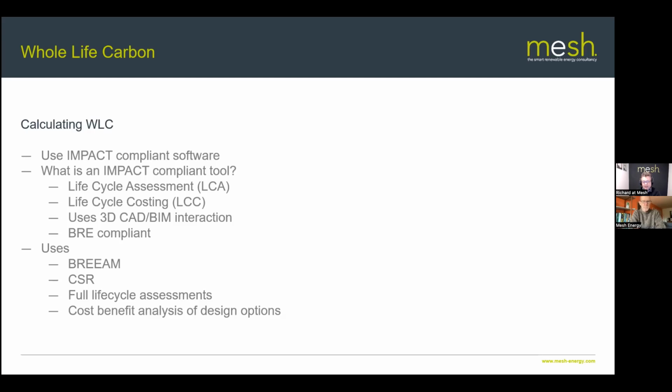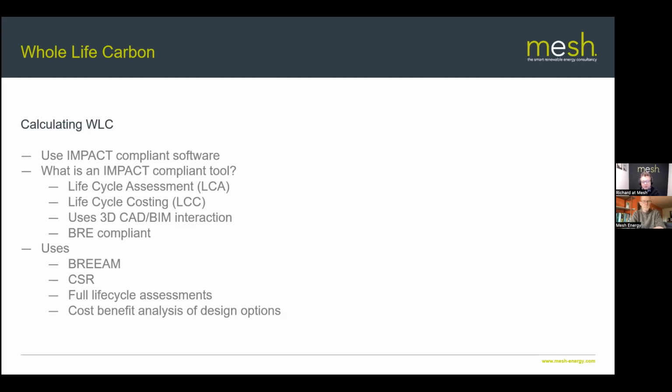It has CAD BIM interaction, for example, and it's BRE compliant. So when I say the BIM interaction is there, for example, if we're working with dynamic thermal models with fully made up constructions and so on and so forth, we can export all that data into what we use as One Click LCA, which is an IMPACT compliant tool.